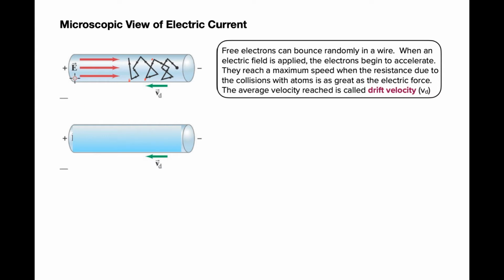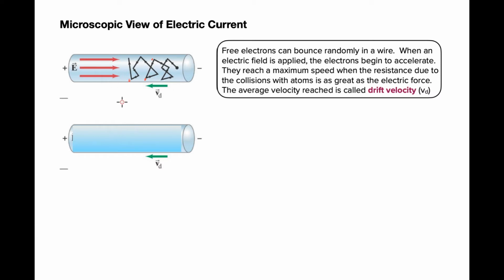In fact, when an electric field is applied, they begin to accelerate. But as they start to move faster and faster, you can imagine they hit more and more atoms, and therefore the resistance for their flow, or velocity, increases.